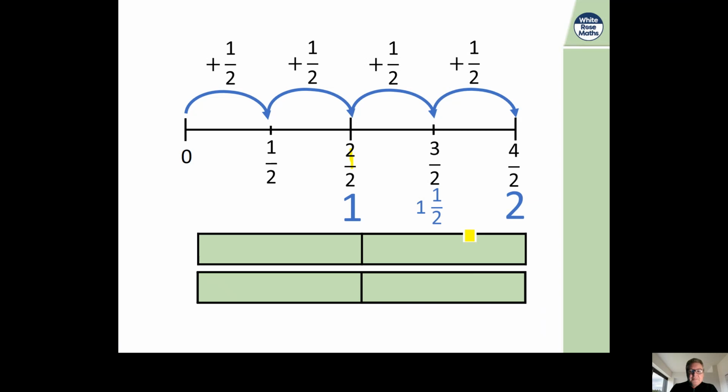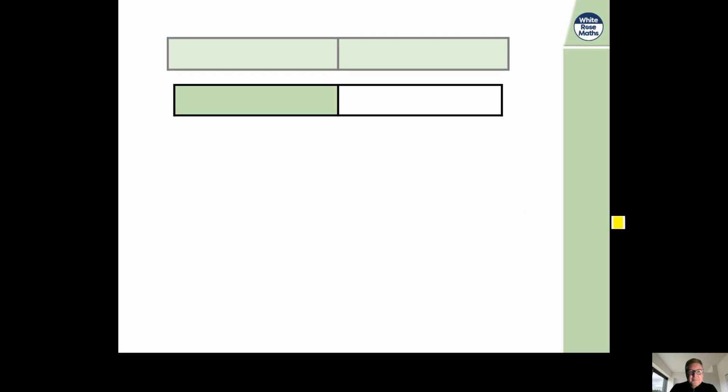Two wholes. So we have these 2 halves equivalent to a whole, another half, 3 halves, 1 1/2, 4 halves equivalent to 2 wholes.